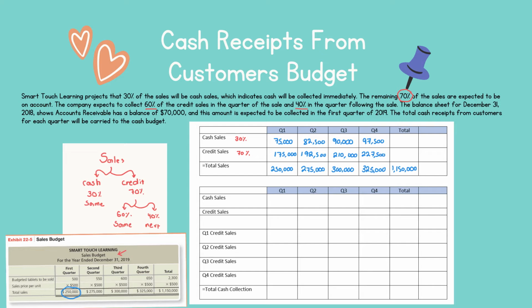We're going to add them up to get the total. It's going to be 345 and 805,000.